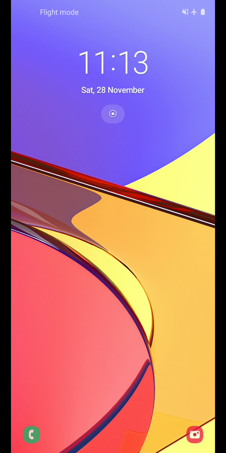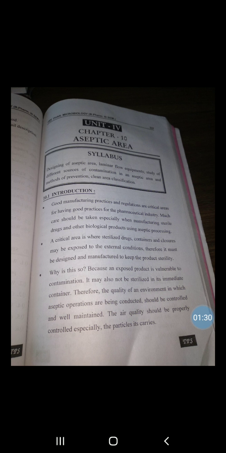Why is sterility important? Because a critical area is where sterilized drug containers and closures may be exposed to the external condition. Therefore it must be designed and manufactured to keep the product sterile. Why is this? Because exposed product is vulnerable to contamination.